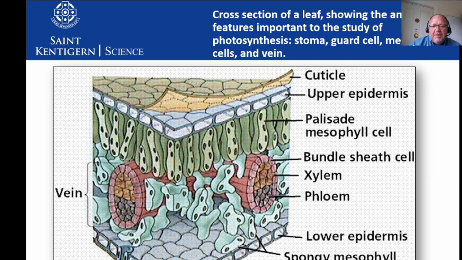The xylem brings the water up to where it is needed, and the water comes from the roots. The way that the water flows is through turgor, and turgor pressure is maintained by a process called transpiration.